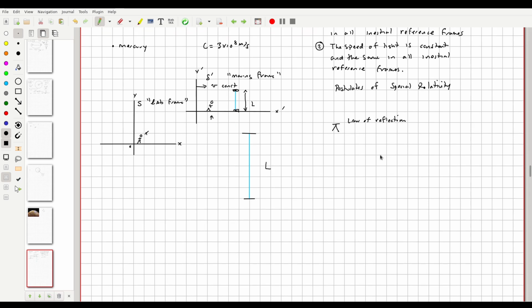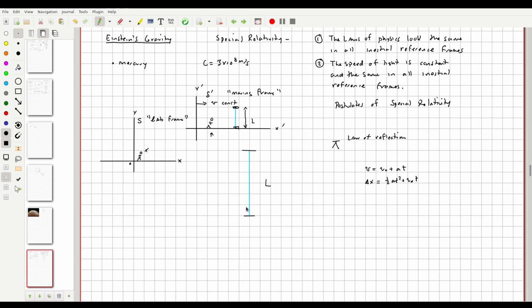So if you think way back to our simple 1D kinematics, we know that v is equal to v naught plus a times t. And we also know delta x is equal to 1 half a t squared plus v naught t.